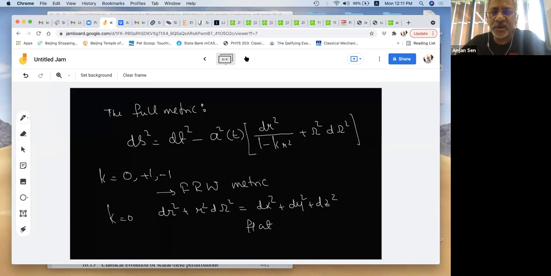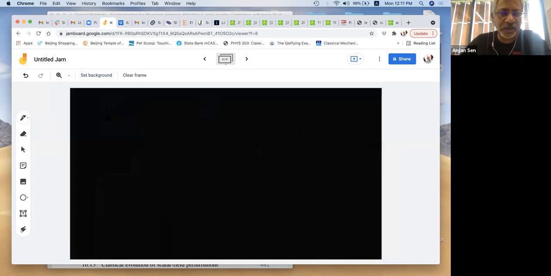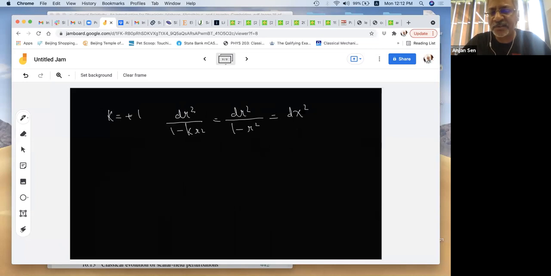What happens when k equal to +1 or k equal to -1? Let's say I take k equal to +1. Then I have a term over here which is dr square over 1 minus kr square, so that is dr square over 1 minus r square. Let's say I just do a coordinate transformation, so my d chi is basically dr by square root of 1 minus r square.